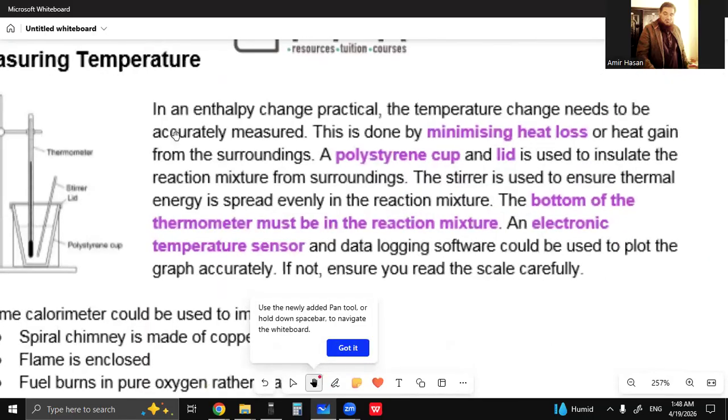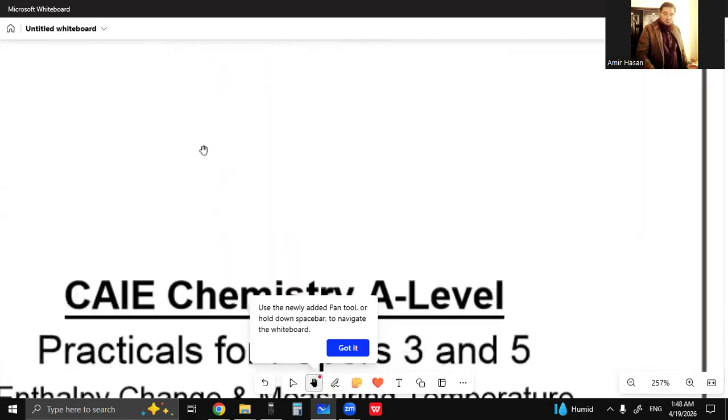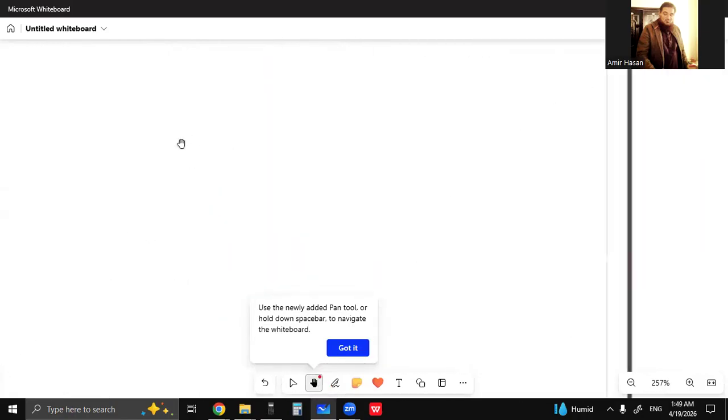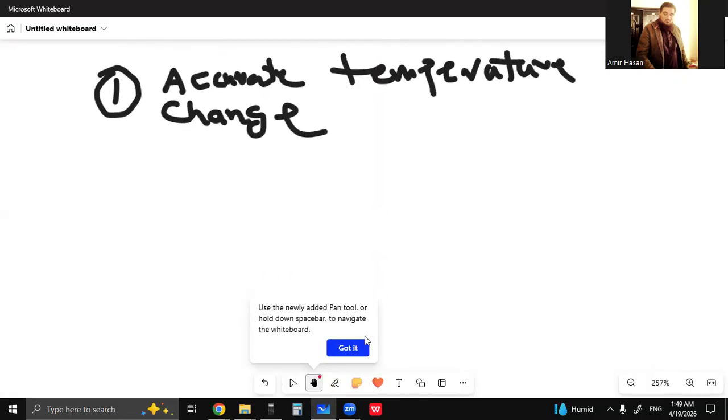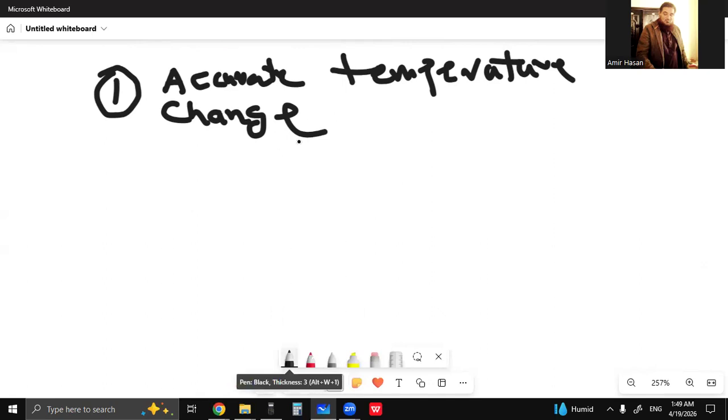This is done by minimizing heat loss or heat gain. For accurate measurement, this is necessary. From the apparatus, we minimize the heat loss and heat gain.